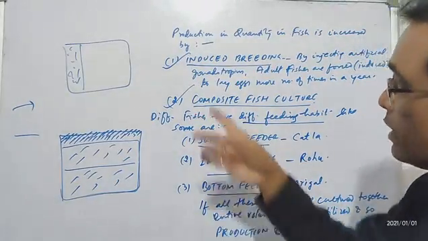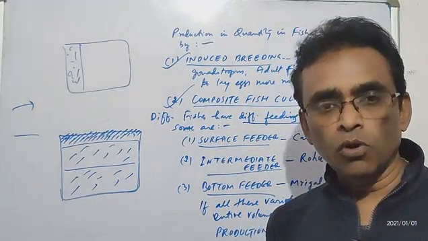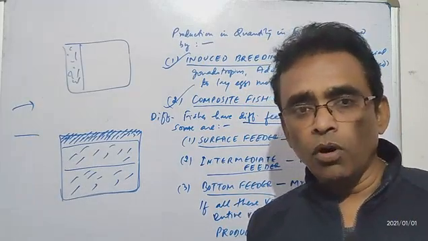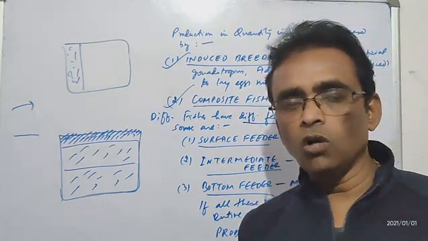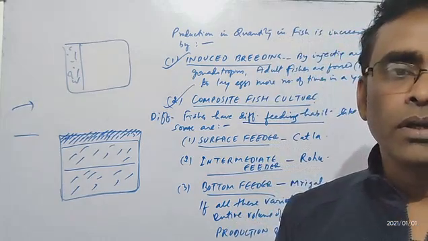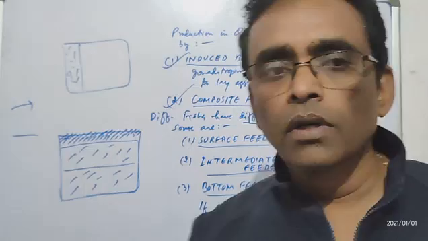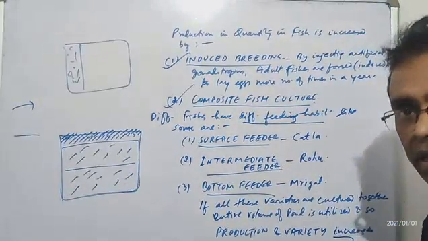You carry out induced breeding to allow them to lay eggs more number of times, and in the pond, if you are doing this composite fish culture, then you can understand how much we can improve the production from one pond. So that is one aspect of animal husbandry in case of fishes. I hope you have understood that.